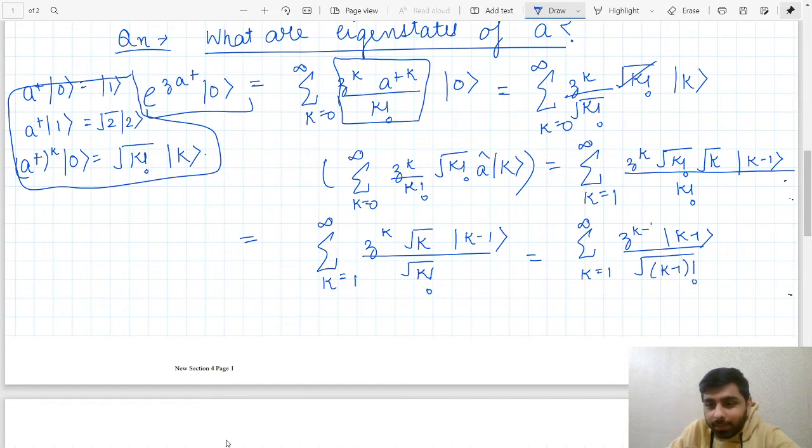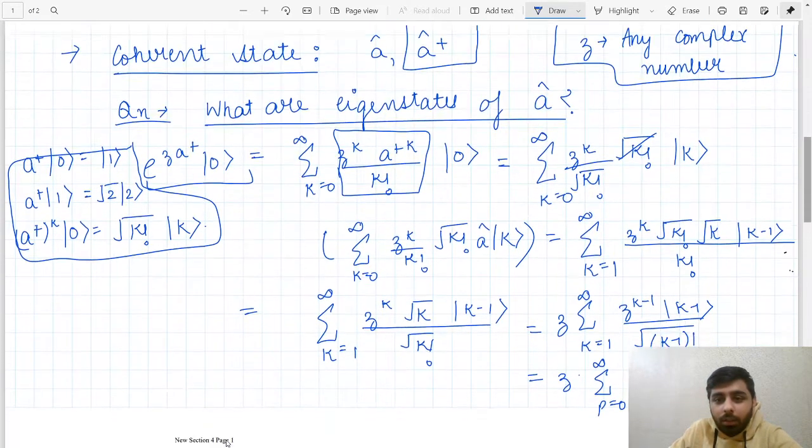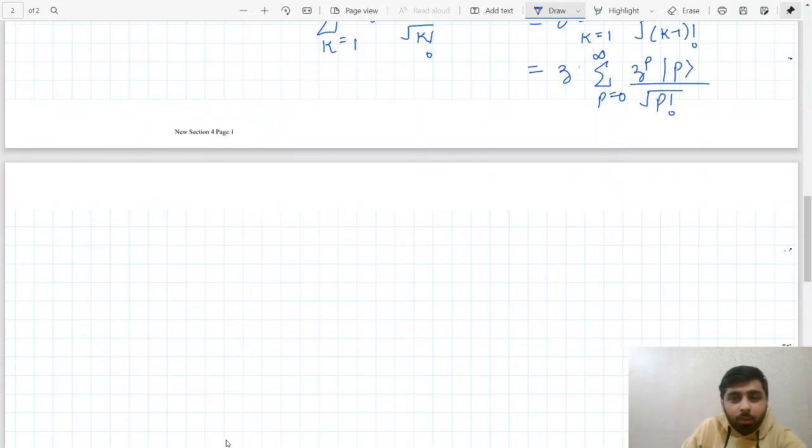Now we can take this z outside, and by a change of the dummy variable we can simply make this p equals 0 to infinity, z to the power p upon square root of p factorial, right? I hope this is okay.